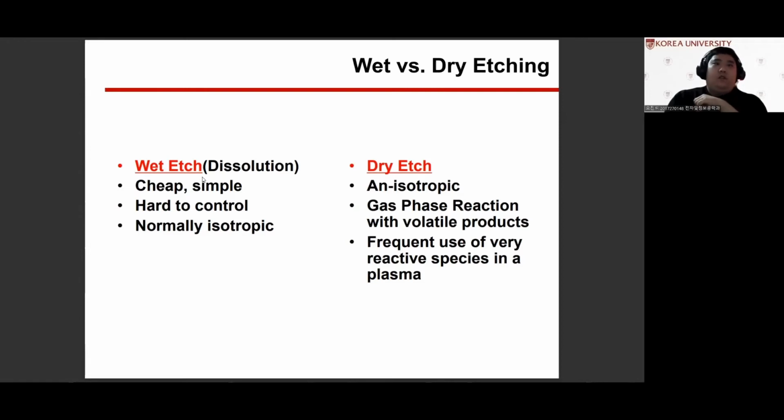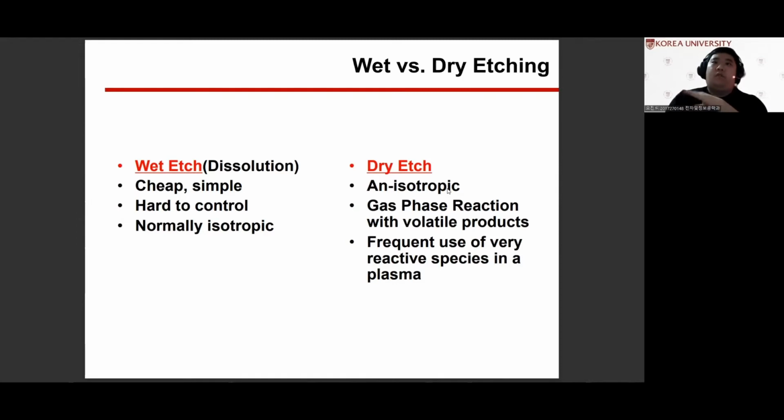Let's move on to how the etching process is done. Even though we're going to discuss this later, in short, the wet etching process is cheap, simple, and fast, but it is hard to control, to start or stop the etch, and the etch profile is normally isotropic.